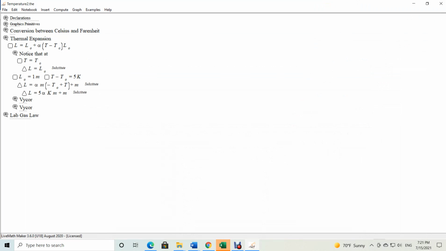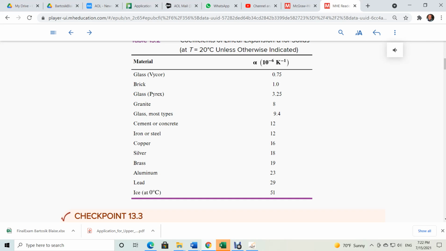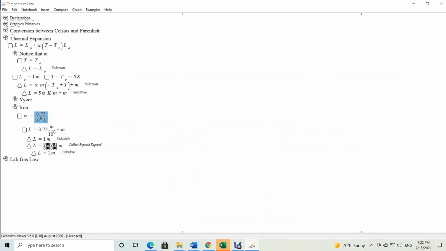Iron. All I have to do is change the value of alpha. For iron it is 12. I'm going to start here from scratch.